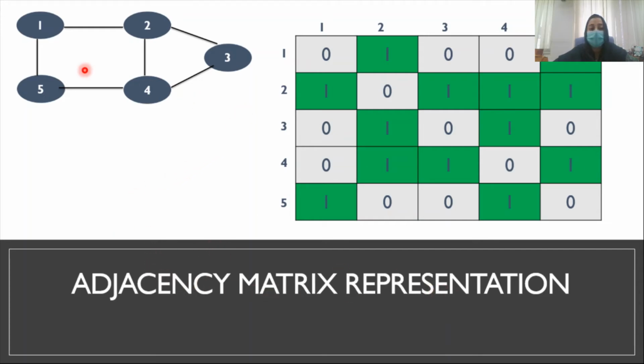We build a matrix according to how many vertices we have. For example, we had 5 vertices, so I had a 5 cross 5 matrix. If you had 7 or 10, you will have the respective matrix, and then you will put 1 in each box wherever there is an edge between two nodes.